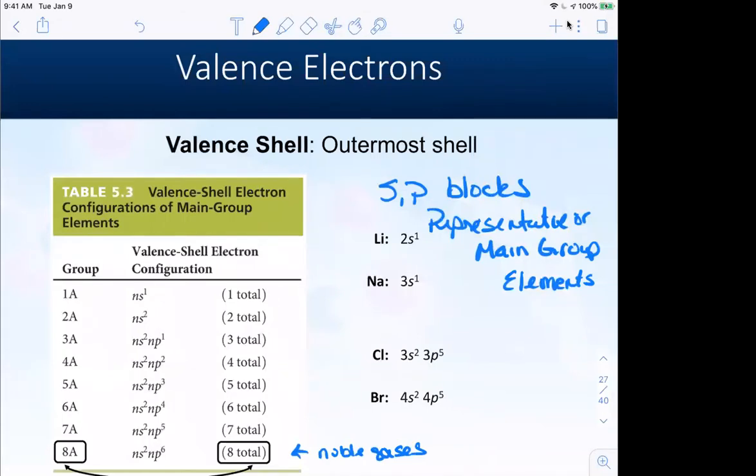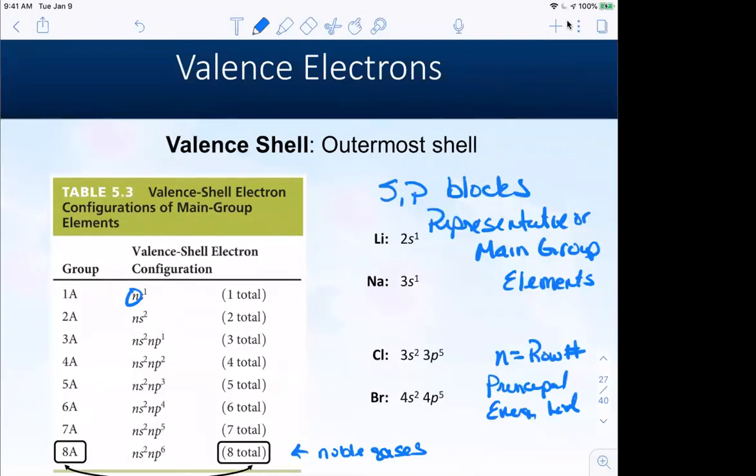I can see that as I fill the S and the P subshells, the only thing that's differing is the N value. The N is equal to the row number or the principal energy level. And as I go across, I can see that I fill the S, and then I start on the P. As I go across, I get to the noble gas configuration, and I end up with 8 total electrons.